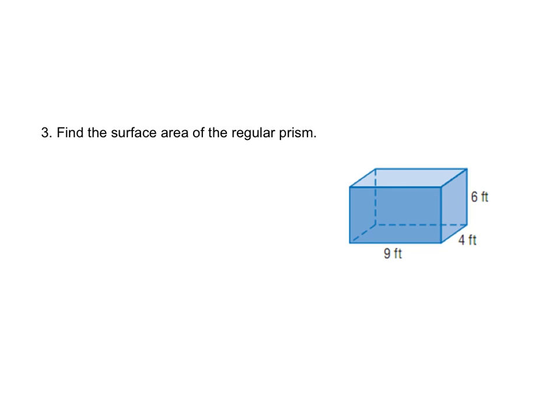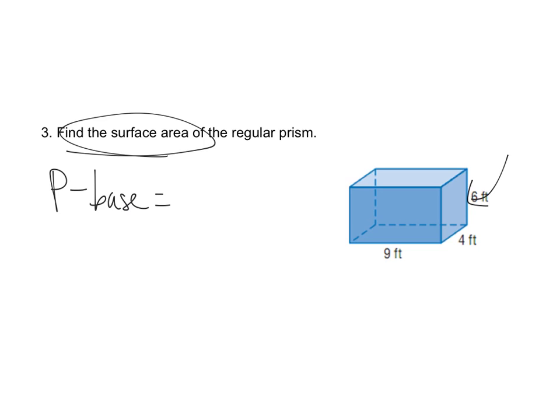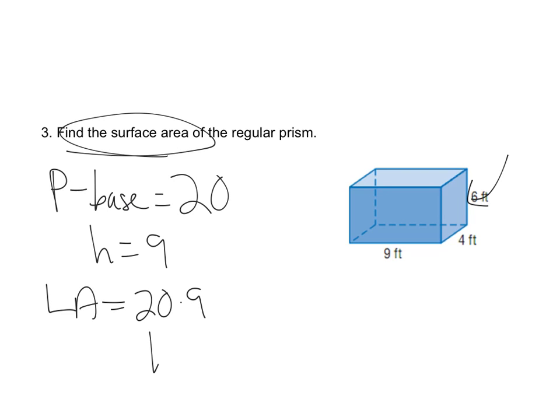So, figuring out the surface area, let's take a look. Let's call this my base. The perimeter of the base is going to be 20. My height is 9. So lateral area is going to be 20 times 9, which is going to be 180, plus twice the area of the base.